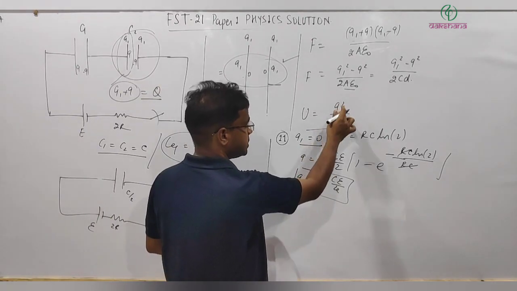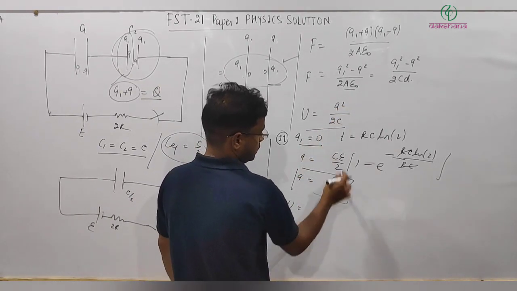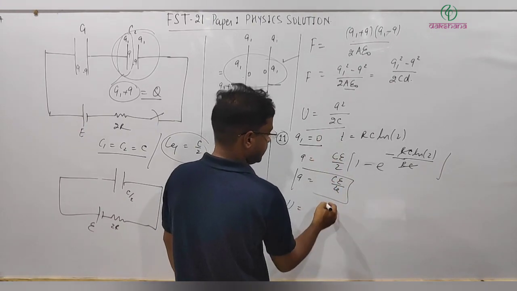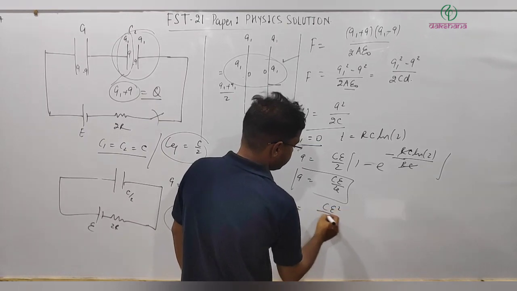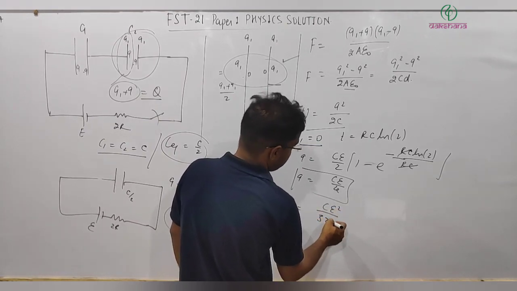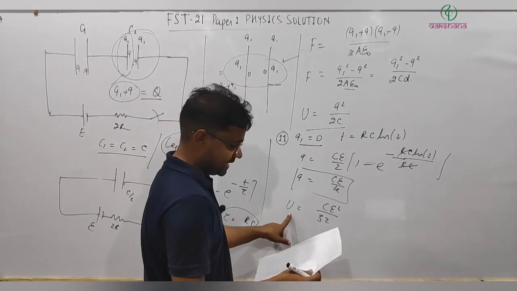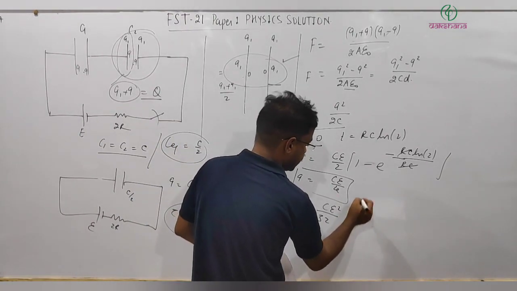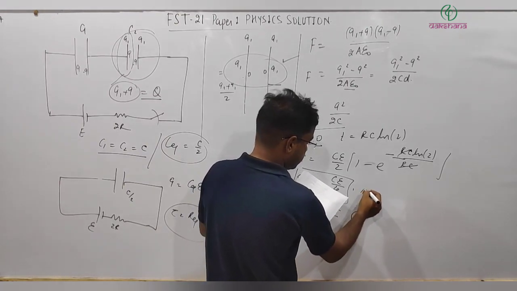Energy stored, we can substitute it here, then we will be getting energy stored U is equal to, substituting, 16 into 32, and C square E square, one C will be cancelled, CE square divided by 32, and that's all. So CE square by 32 will be the second option. It's matching with second, it's matching with column 2, it's matching with third.